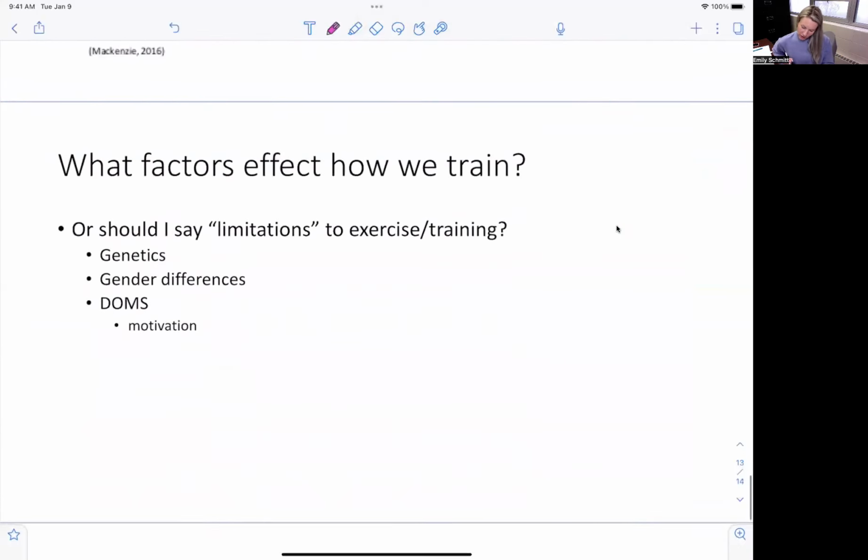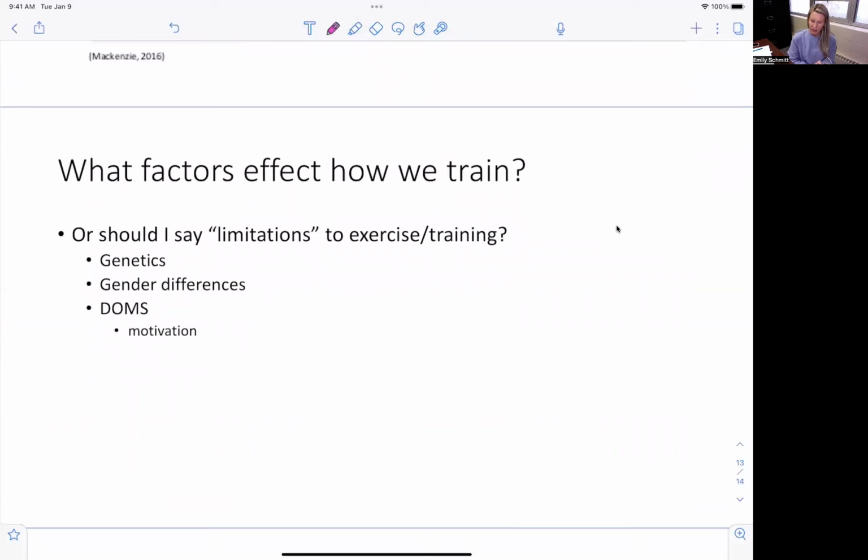So to sort of conclude here, what factors affect how we train? The next module, we're going to talk about training the anaerobic system. And so genetics, gender differences, delayed onset muscle soreness, differing levels of motivation, these are all things that limit our exercise ability and our training capacity.